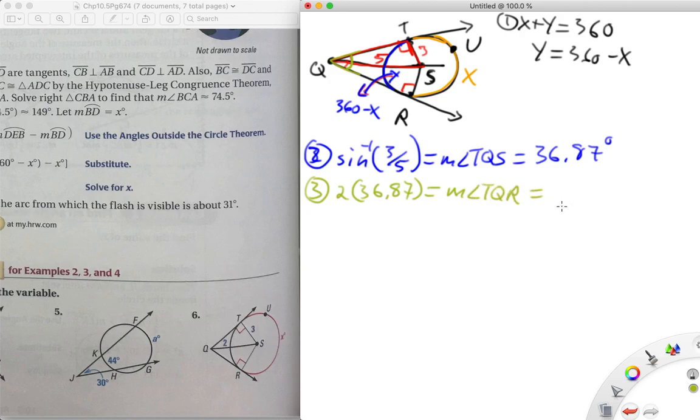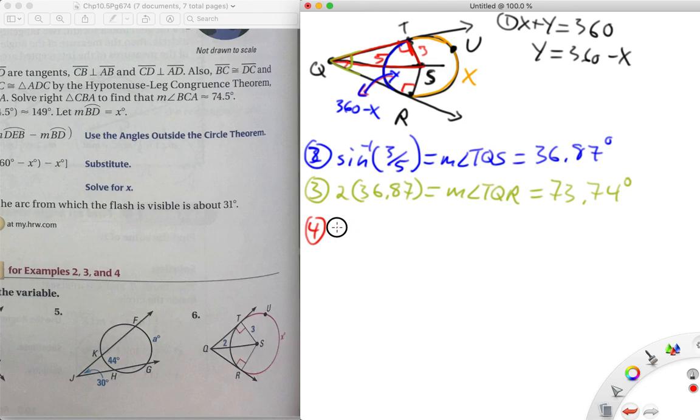And that equals 73.74 degrees. So once I got those two, and once I got that angle, then I have enough to find what X is, the outside arc. And I can do that by using equation 10.13.